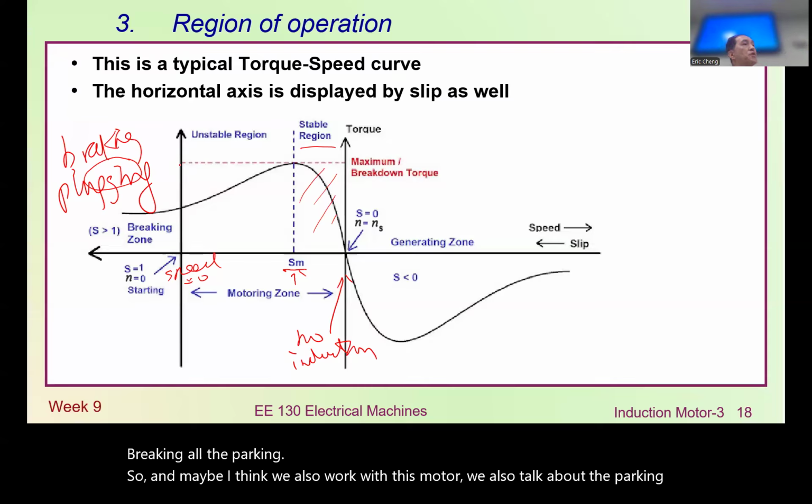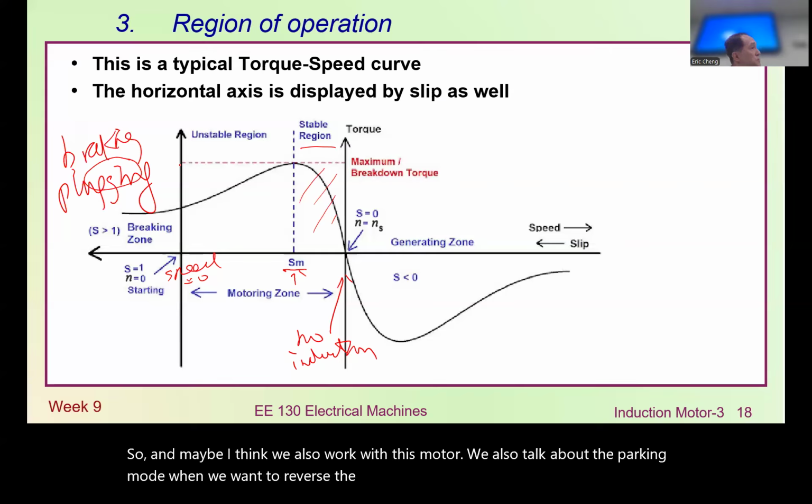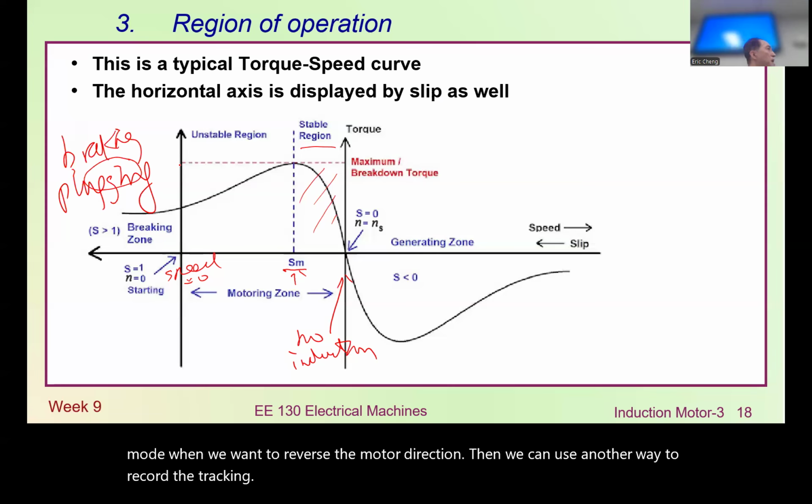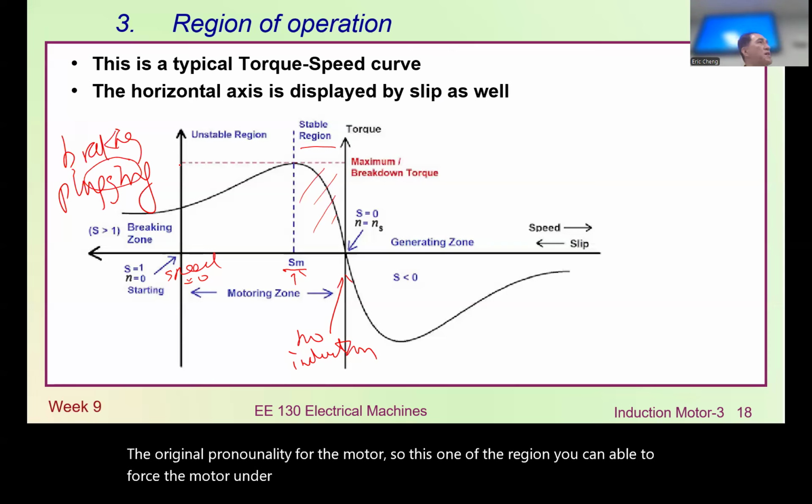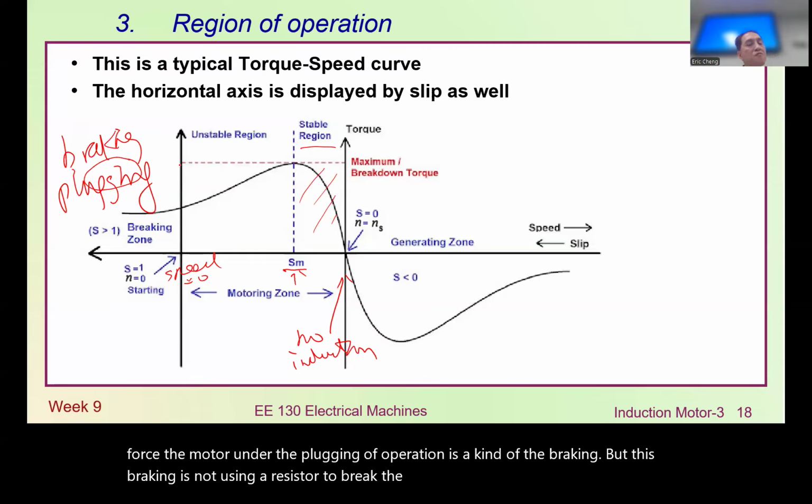When we want to reverse the motor direction, we can use another way, called plugging: reverse the polarity for the motor. So in this region, you are able to force the motor into plugging operation. It's a kind of braking, but this braking does not use a resistor to brake the motor, but uses reverse voltage to brake it. So we will talk about that region.